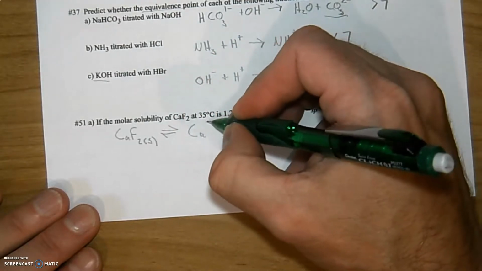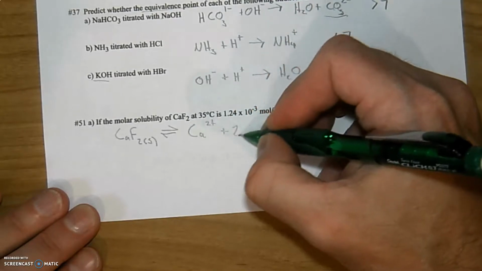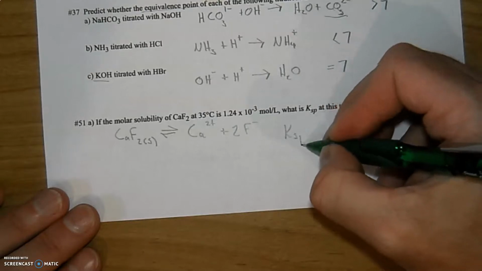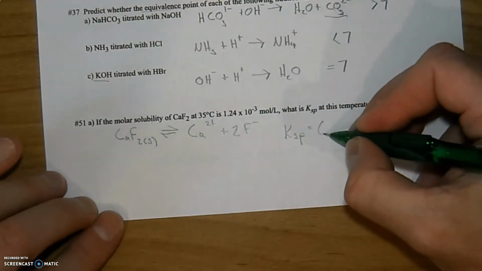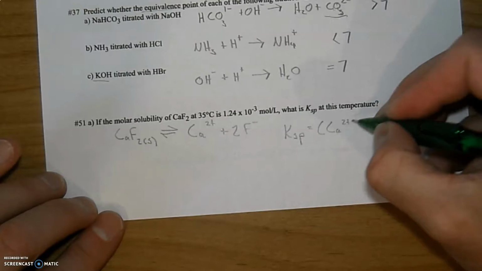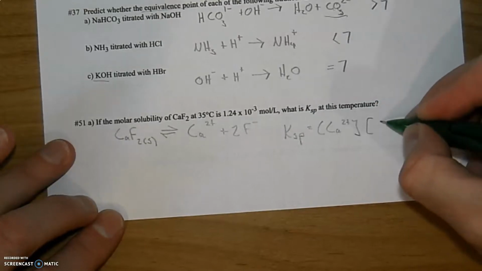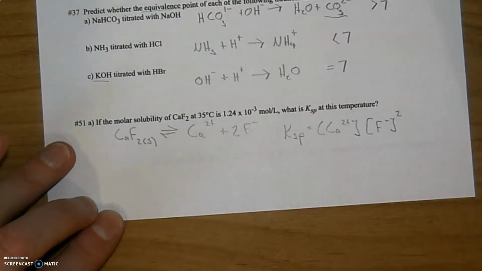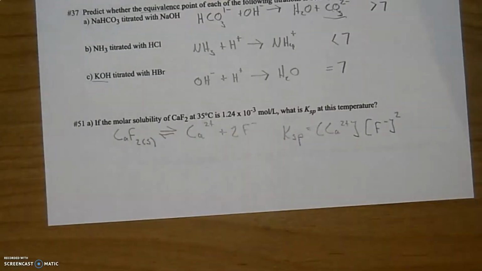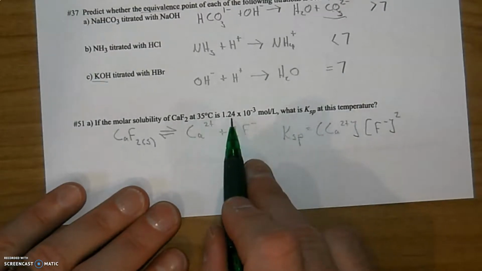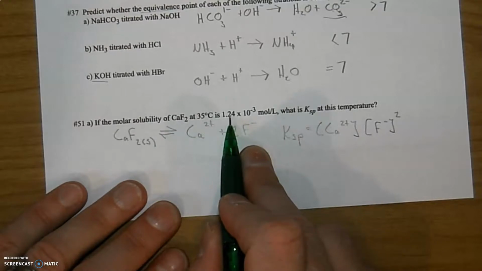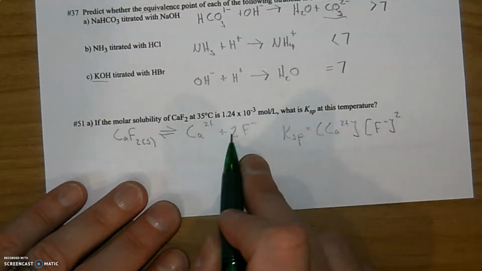So I'm going to write out this equation really quick. There it is. I'm going to write out the Ksp based on how these relate to each other. Now, based upon how these guys are relating, if I know that the calcium fluoride is this value, so let's just call that, for example, x, this is x, and this is 2x.